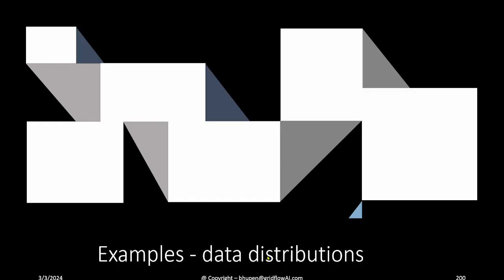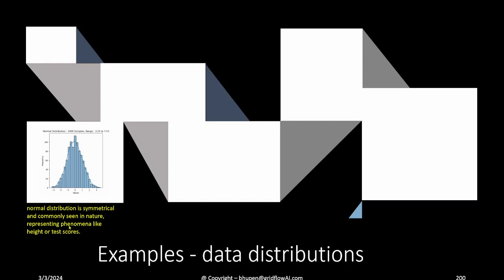So let's look at some examples of data distributions that we hear about or probably know about. The first one is the normal distribution, and it is characterized by symmetry, commonly seen in numerical columns like height, test scores, blood pressure, or temperature, humidity, wind pressure, or atmospheric pressure. All the weather-related data mostly follow a normal distribution.